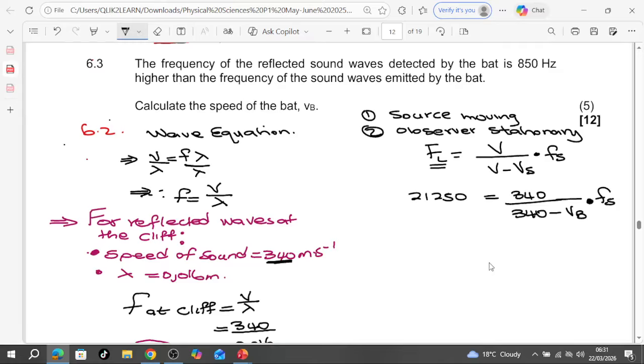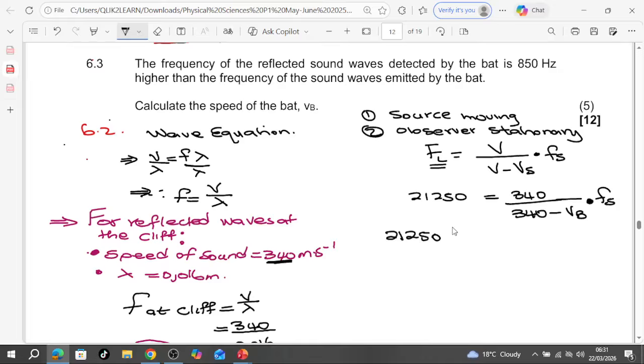Maybe we can start by multiplying. 2125 is 21250.